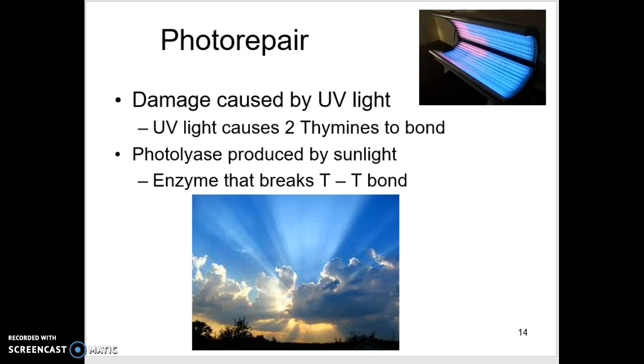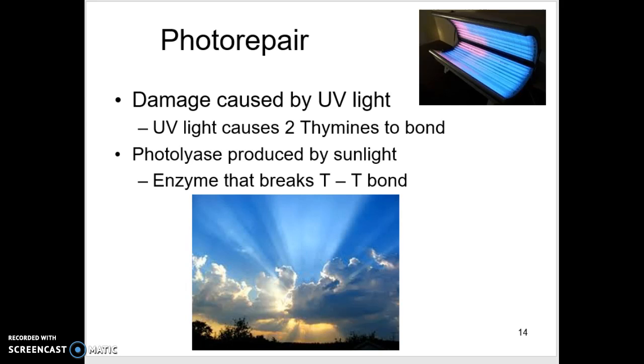But what we'll see is photolysis is produced by our exposure to sunlight. That actually is an enzyme that will break that thymine-thymine bond. So we see this as a type of repair called photorepair. So some level of exposure to the sun is actually healthy, is good for us.